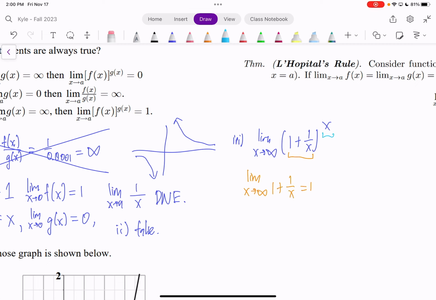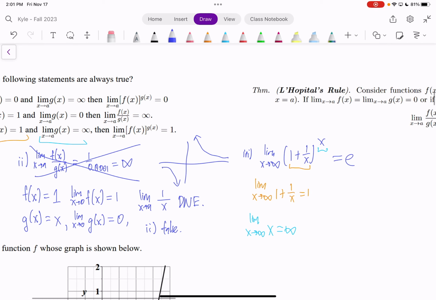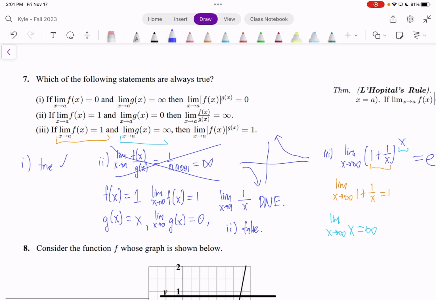And on the outside here, the limit as x approaches infinity of x is equal to infinity. So we've satisfied the first two. This is true, and this is true. But we know that this original limit is equal to e. So is statement 3 true? No, it's not. So that one's not true.